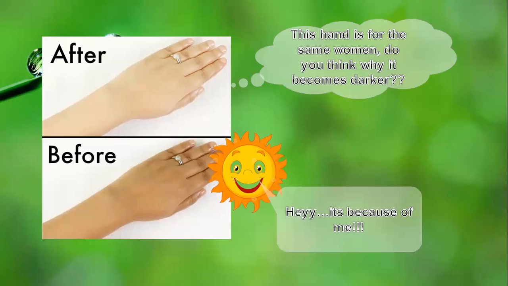It's because of the sun, because of something in her surrounding, because of an environmental change. The sun changed her traits, her skin color, from lighter to darker. So this is considered to be an effect of the environment.